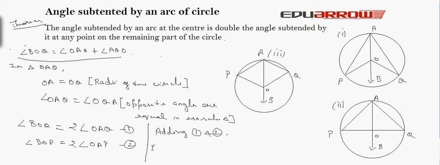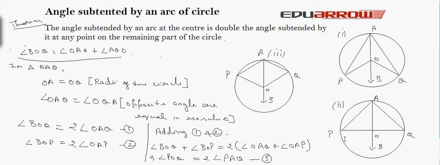Now, by adding first and second, we have angle BOQ plus angle BOP is equal to 2 times angle OAQ plus angle OAP. Therefore, angle BOP plus angle BOQ is equal to angle POQ. So here we can write angle POQ is equal to twice of angle PAQ.